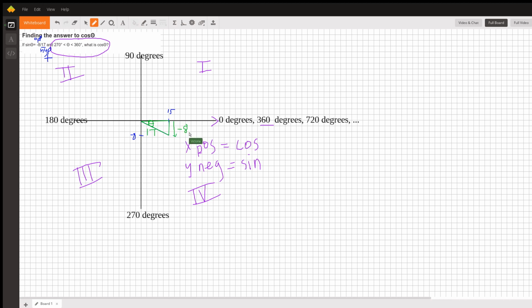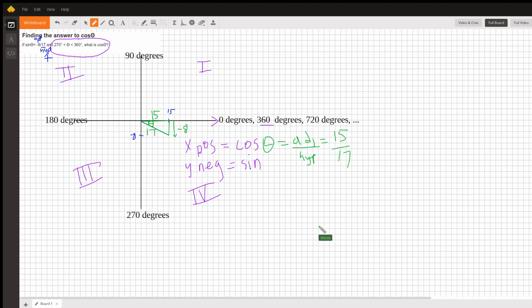Opposite is -8. Adjacent here is 15. Hypotenuse is 17. And the cosine of theta is the adjacent over the hypotenuse. And our adjacent side here is 15, and the hypotenuse is 17.